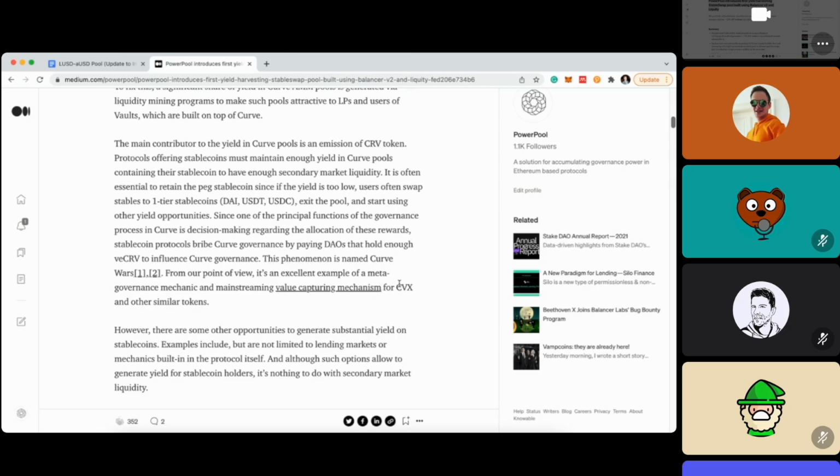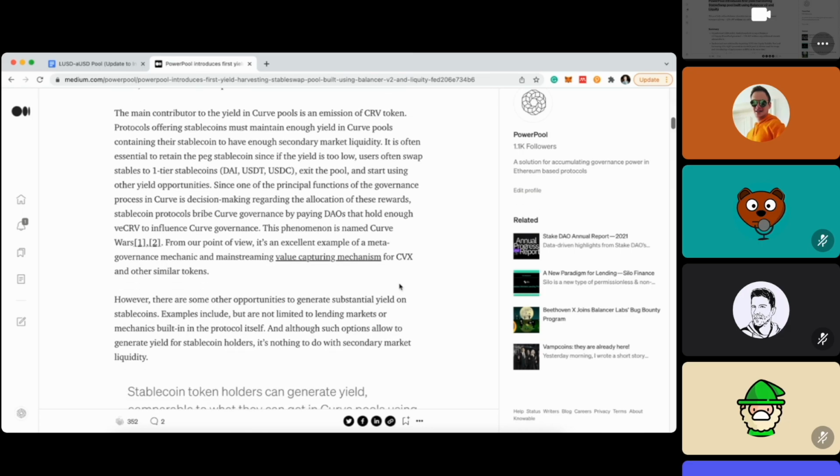like Convex Finance, some other ones, accumulate a lot of CRV to stake it in vCRV and to influence the voting. And basically now the secondary market for any stablecoin like LUSD or any other one depends on rewards in Curve protocol, because if there are no rewards, there will be quite a low number of liquidity providers who want to supply liquidity there.